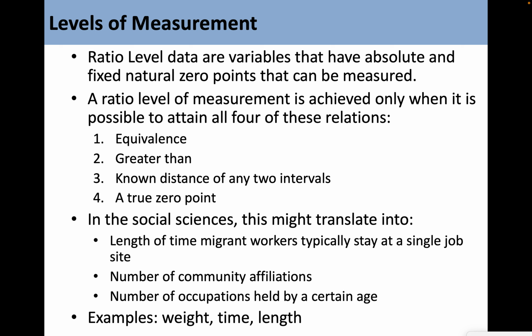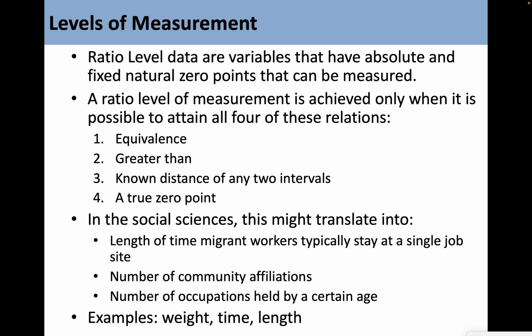Ratio level data are variables that have absolute and fixed natural 0 points that can be measured. A ratio level of measurement is achieved only when it is possible to attain all four of these relations: equivalence, greater than, known distance of any two intervals, and a true 0 point.